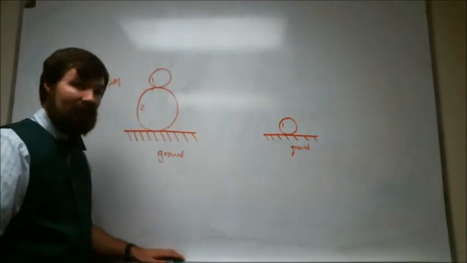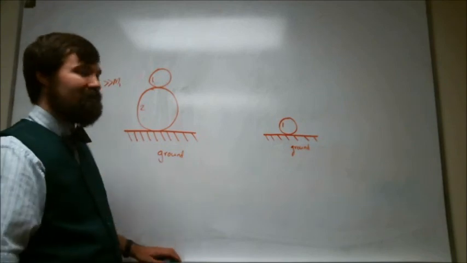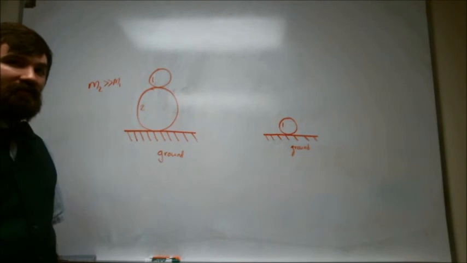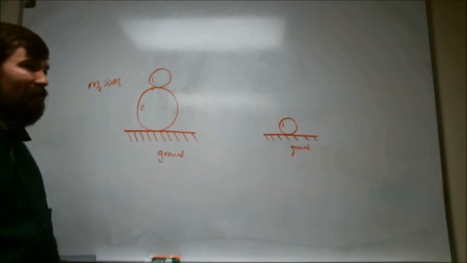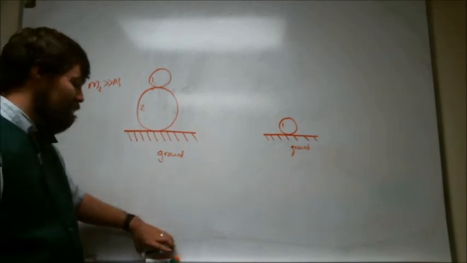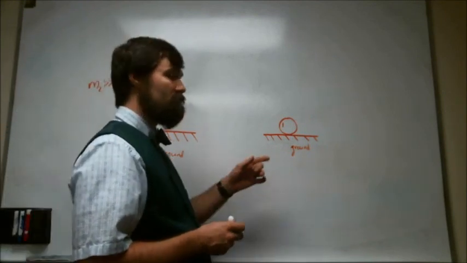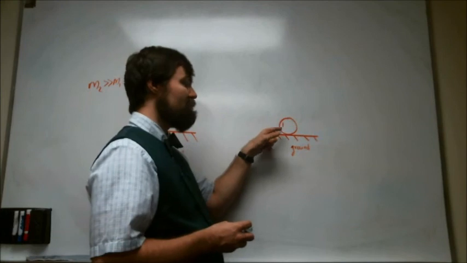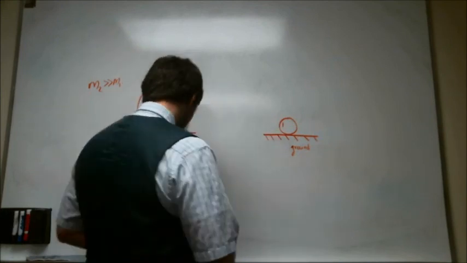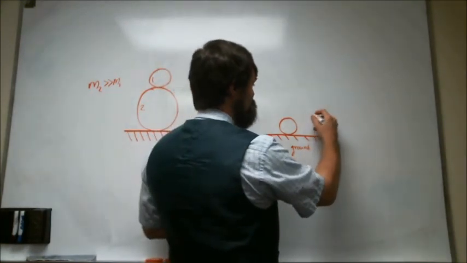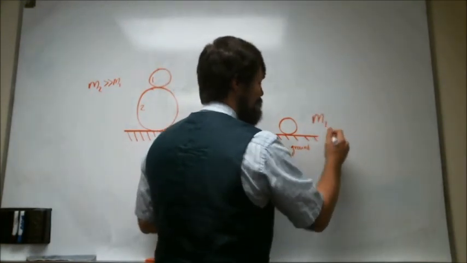I basically want to go over an explanation of why it does that, and so I've drawn a couple of diagrams to help me out. I want to start with my first diagram, which considers what happens when you have a single ball, which I'm going to label ball number 1. This is a single ball with mass M1.